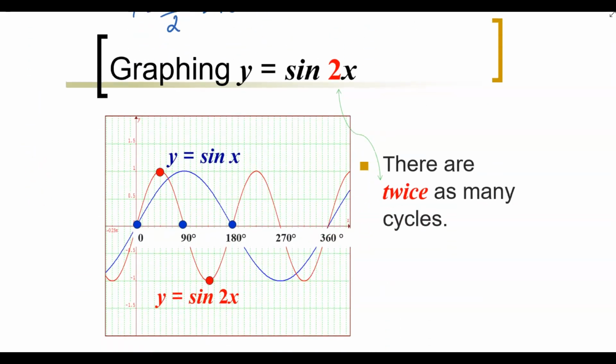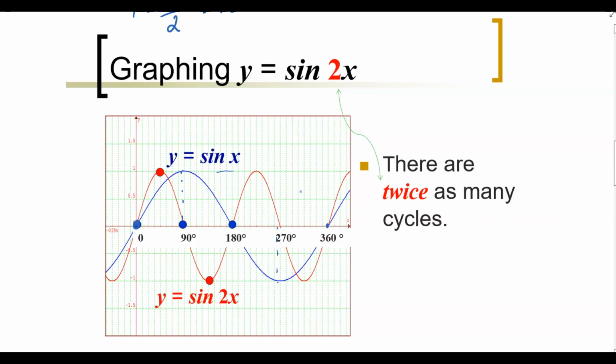If you look at this graph that I have here, the blue line is the original y equals sine x, where we have a 0 at 0, 0. The first maximum is at 90. The second 0 is at 180. The first minimum is at 270. And the last 0 is at 360.